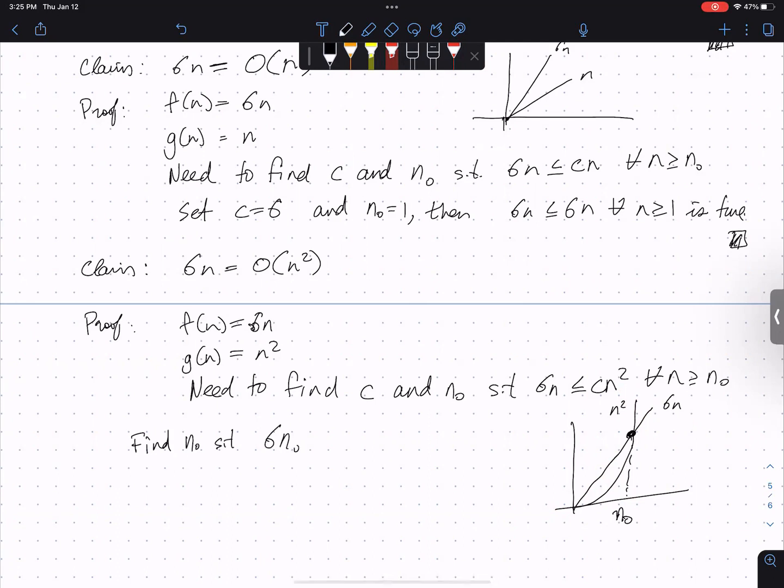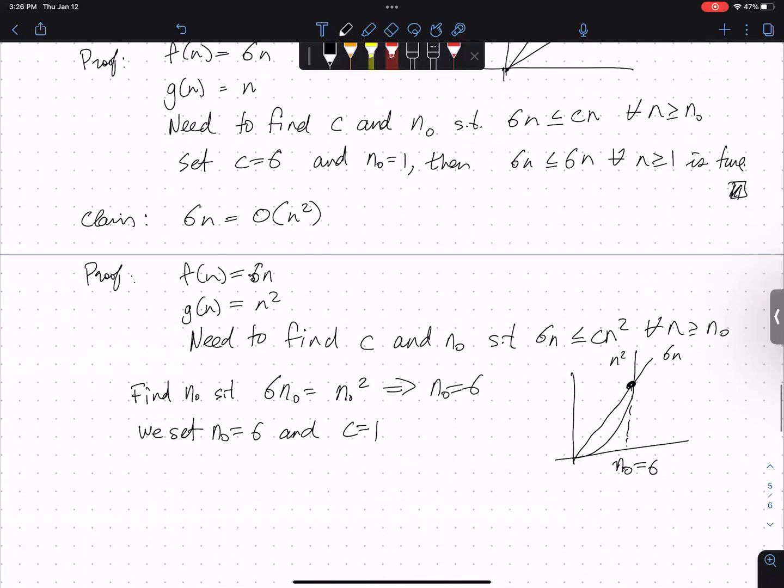So 6n naught equals n naught squared. When this is an equality, n naught equals 6. So at n naught equals 6, n squared is now bigger than 6n. So we set n naught equals 6. And in this case, we don't need to make use of c. We just set it to 1.